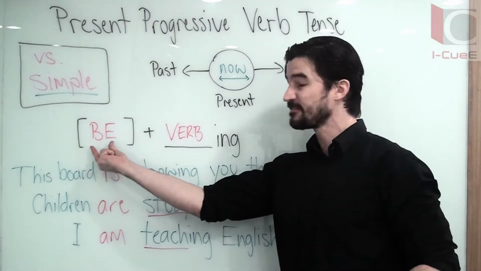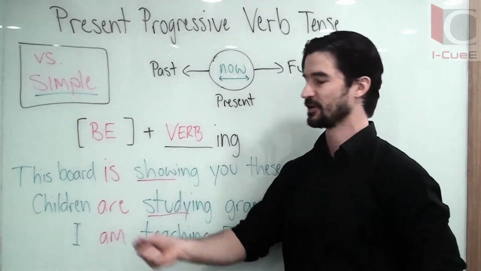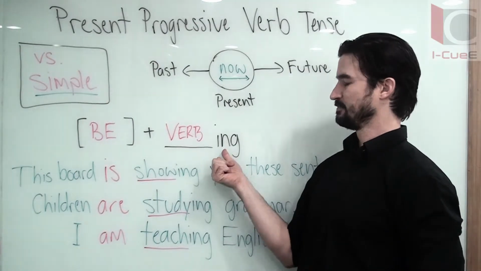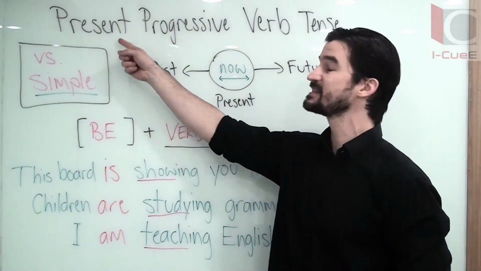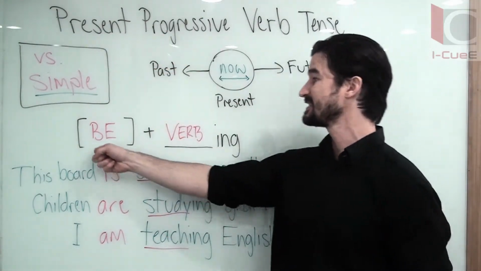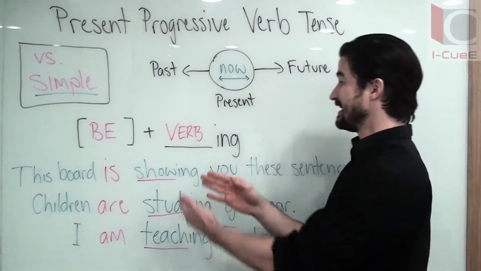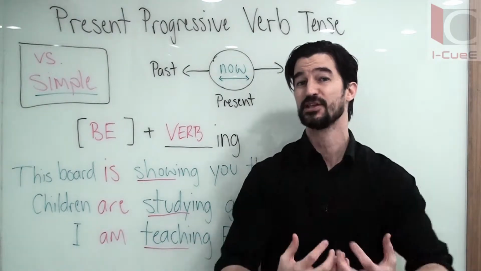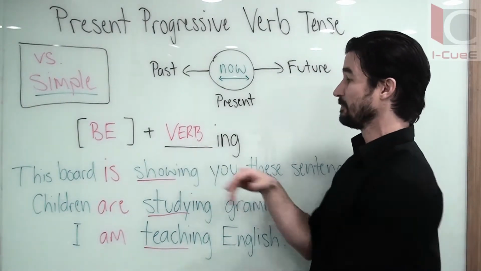We have the be verb, always. When we use a progressive tense, you always have the be verb. Then we have the verb plus ing. And it's that simple, really. The be verb will always tell you what progressive tense you're doing. So in the present progressive tense, it's the be verb that's going to be in the present tense. This verb, the main verb, the verb that's showing you the action, is always going to be in this form.